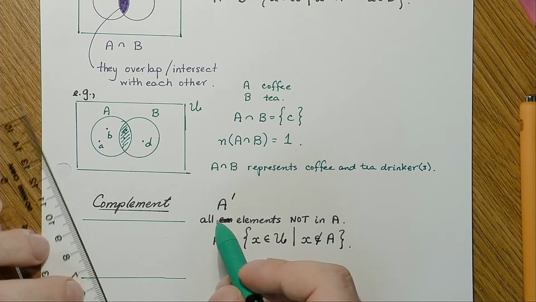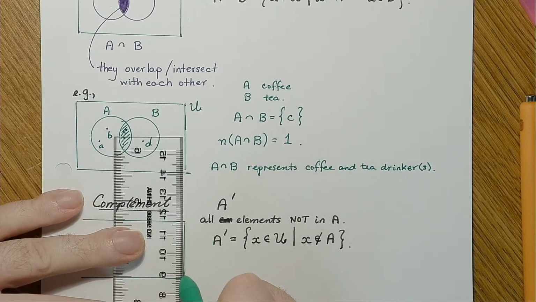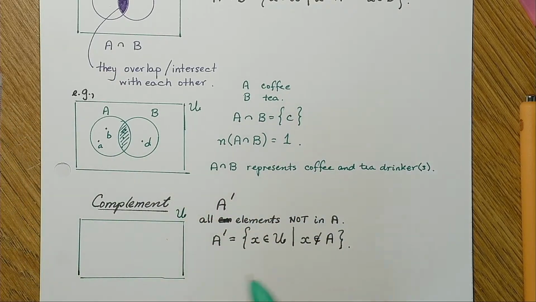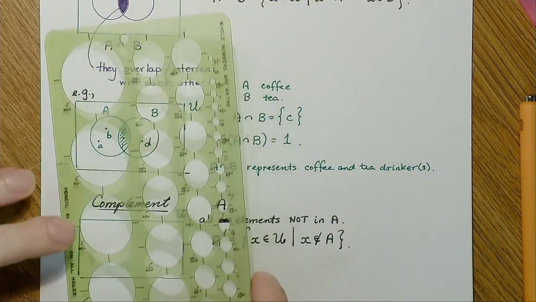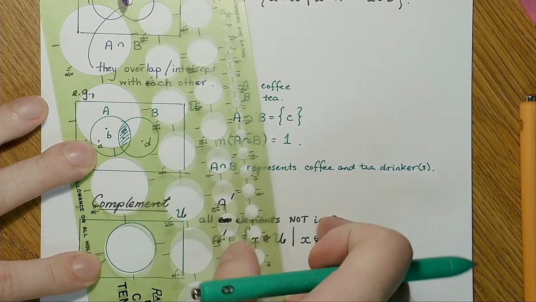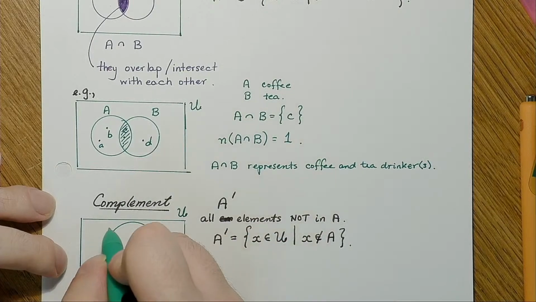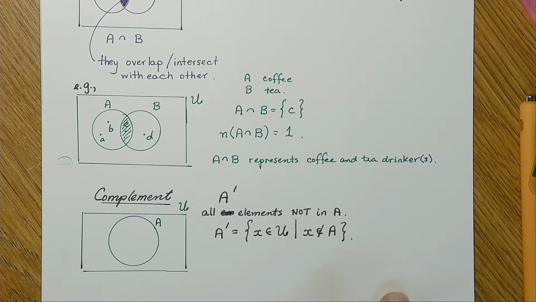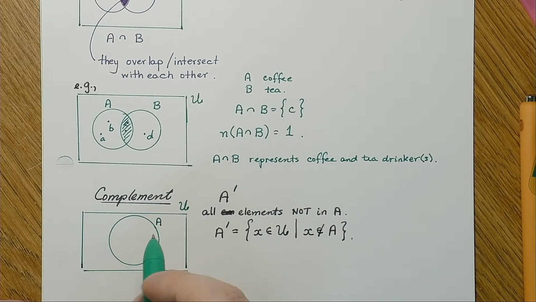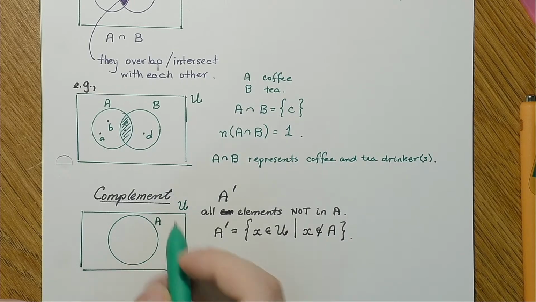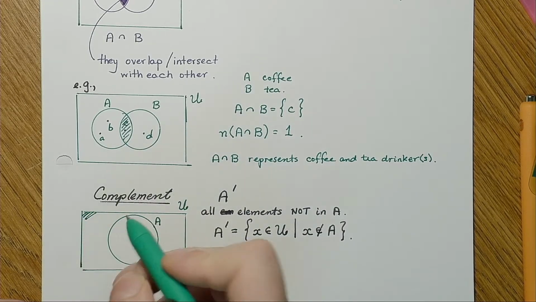Draw this out. So there's our set A. So it's all the elements that are not in it. So it's everything outside of that set.